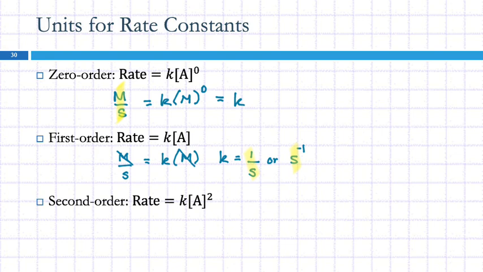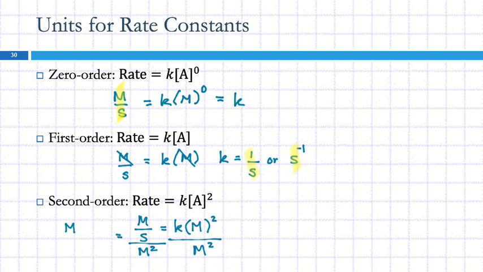So, second order rate, again, we're just going to put the units in here. Rate is molarity per second. It's equal to the rate constant times the concentration squared. Let's write this all out. We'll divide by molarity squared here, divide by molarity squared there. When you get these compound fractions, things can go funky in your mind, so let's straighten that out a little bit.